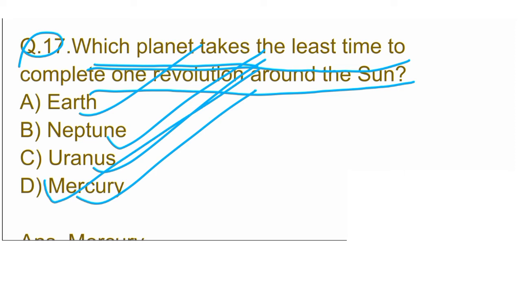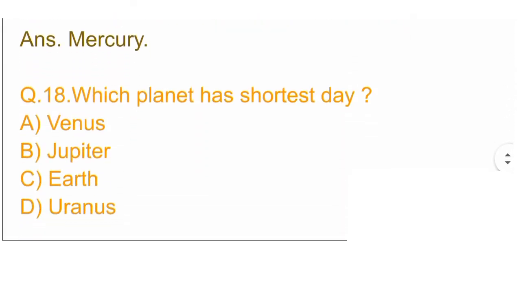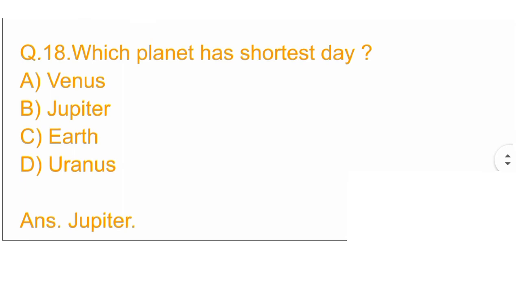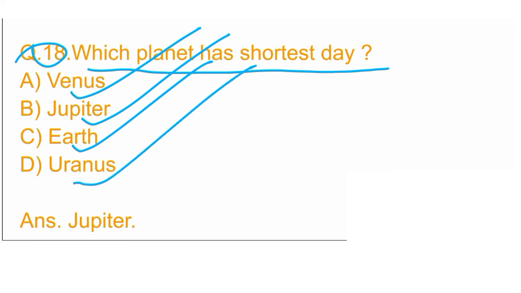Question number 18: which planet has the shortest day? Option A, Venus; B, Jupiter; C, Earth; D, Uranus. The correct option is B, Jupiter.